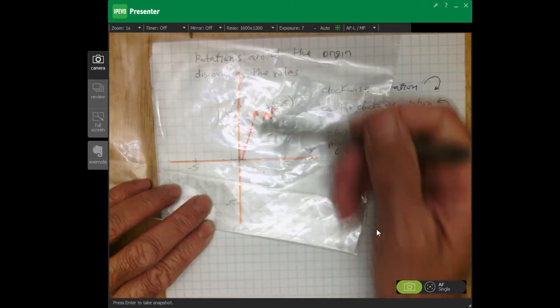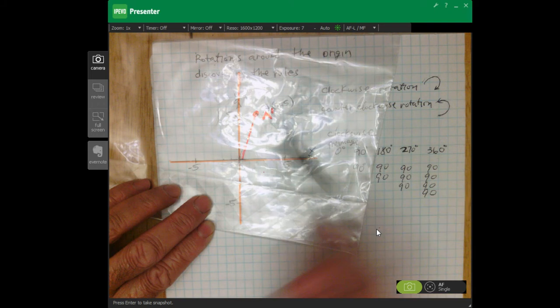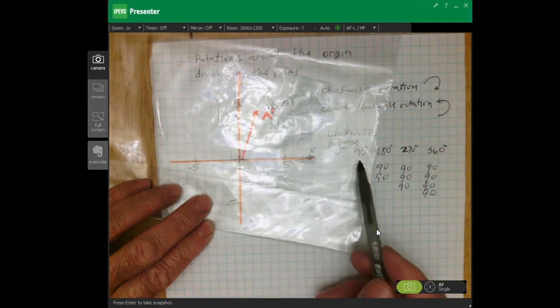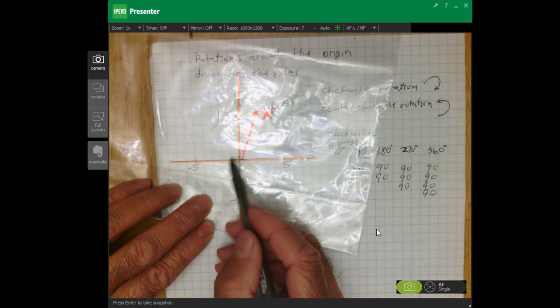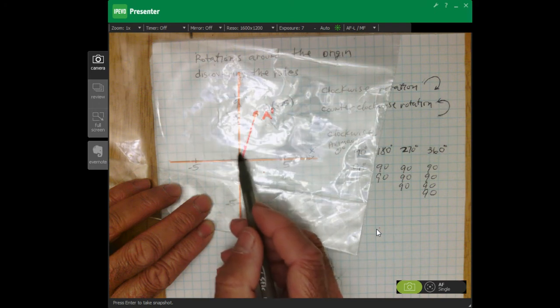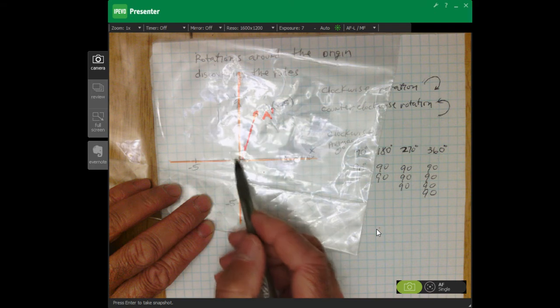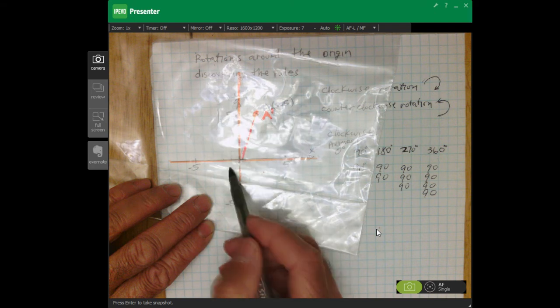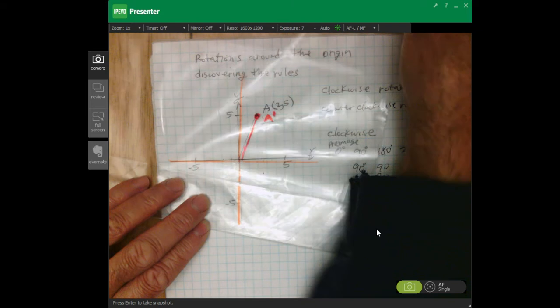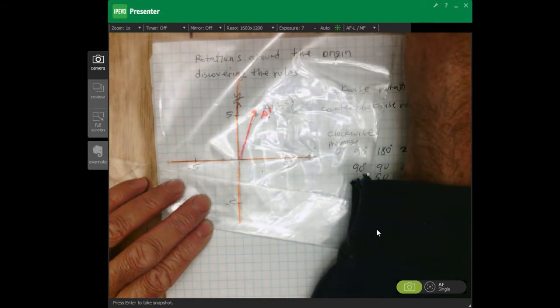These orange lines, or line segments more accurately, are going to guide me in rotating 90 degrees, because as you know, a square angle like this is 90 degrees. So all 4 of these angles would be 90 degrees. We're going to use that to help us rotate 90 degrees.